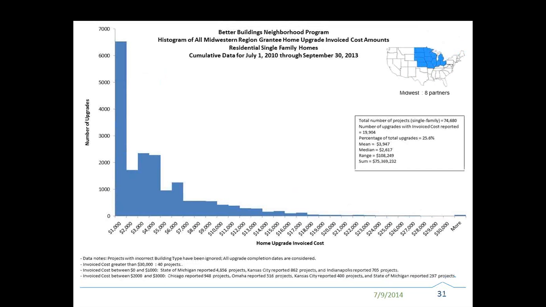It would be interesting to look at this, didn't take the time to do it, but it would be interesting to look at this and remove those projects from Michigan and see how the rest of the distribution looks. But there, in the Midwest, the average is quite a bit lower from all the rest of the country.